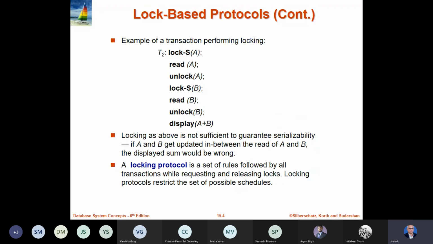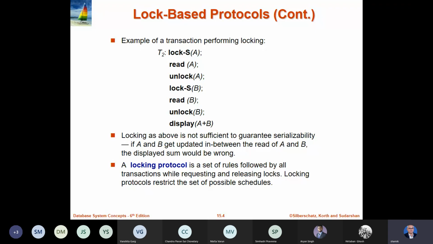T2 locks A in shared mode, then reads A, then unlocks A. Then it takes a shared lock on B, reads B, unlocks B. Now it has the values of A and B, and displays A plus B. Locking by itself, as you see, is not sufficient to guarantee serializability, because between the unlocking of A and the locking of B, other transactions might write the value of B. Then it reads the original value of A and a changed value of B, so the result might become wrong.